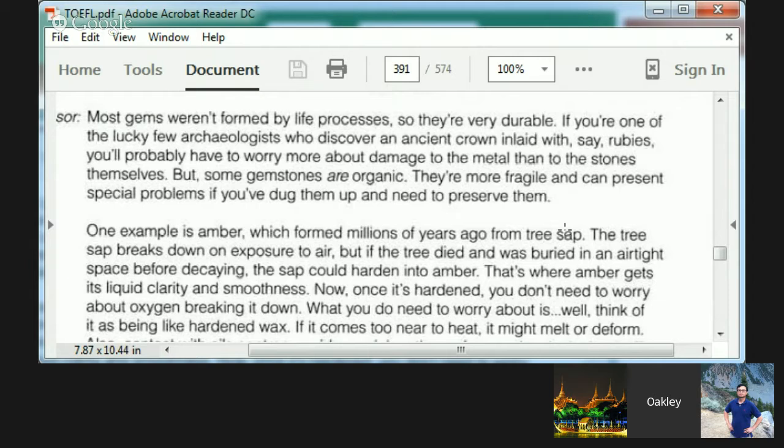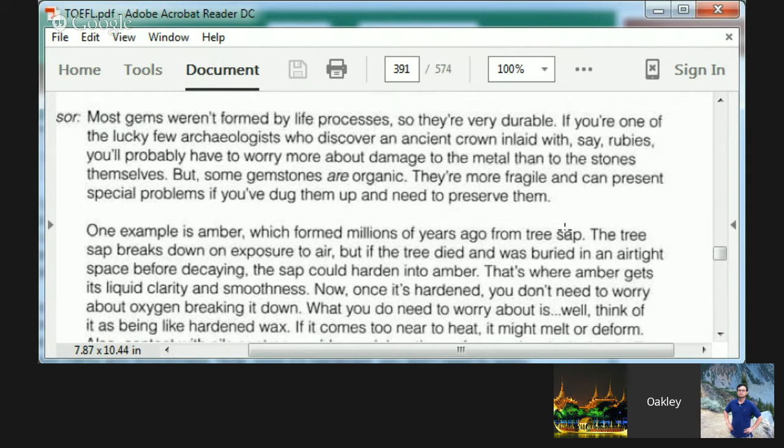Most gems weren't formed by life processes, so they're very durable. If you're one of the lucky few archaeologists who discover an ancient crown inlaid with, say, rubies, you'll probably have to worry more about damage to the metal than to the stones themselves. But some gemstones are organic.